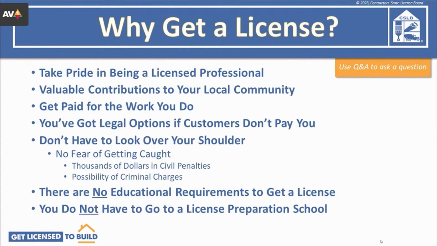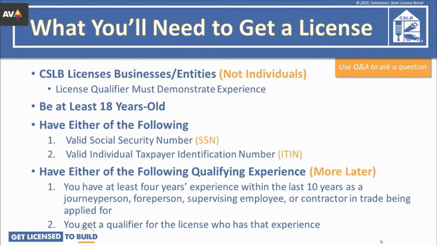In addition, you may face felony charges if you contract without a license where one is required in a state or federally declared disaster area, or if you try to pass yourself off as a licensed contractor by illegally using a license number. Remember, there are no educational requirements to get a license. Also, you don't have to go to a license preparation school to get your contractor's license. So, what do you need to get your license?